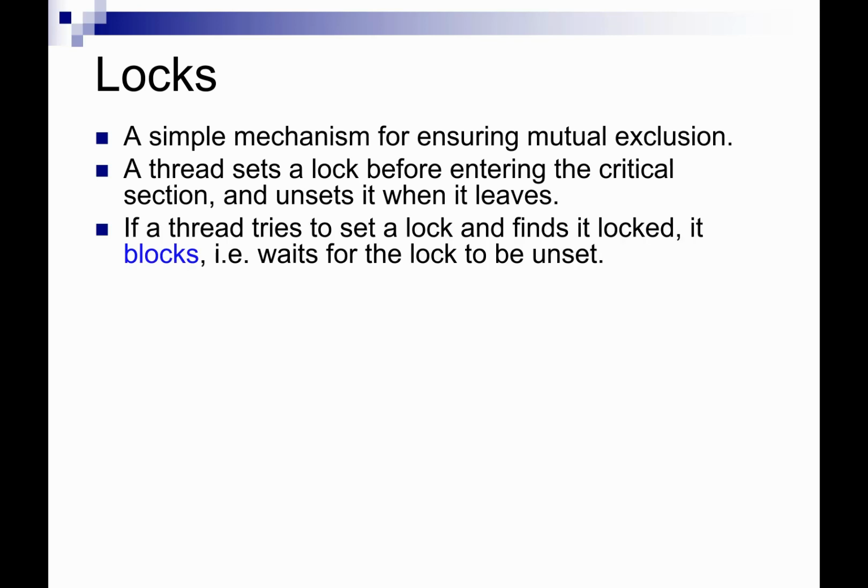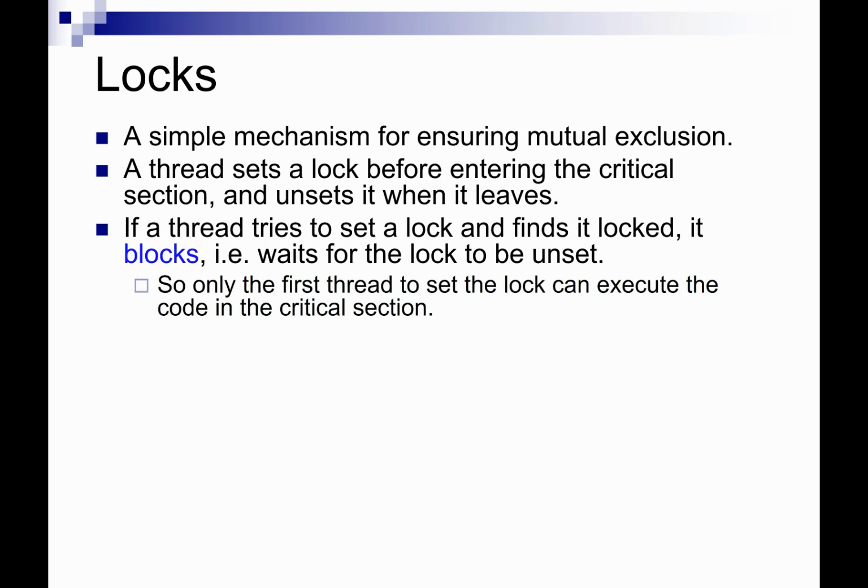If the lock is open, then a thread can set the lock, and the lock becomes locked. But if a thread tries to use the lock and the lock is already locked, then the thread won't be able to do anything. It'll just block. It'll have to wait until the lock is unset.